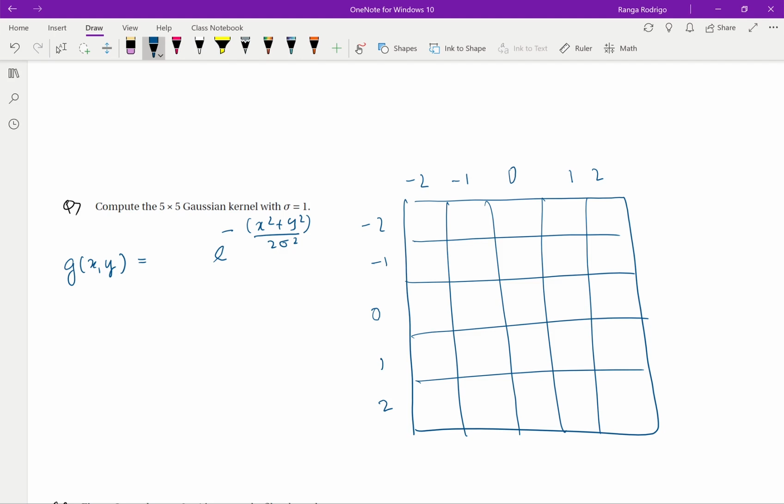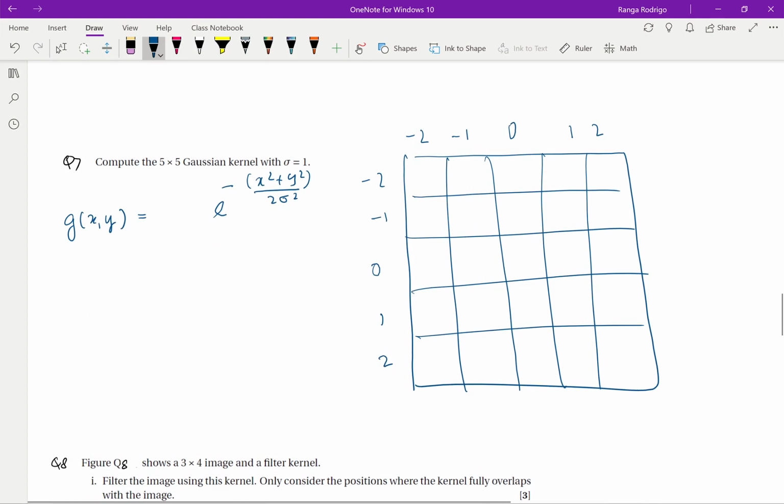So that part I may not do. So first at 0, 0, G(0,0) is e to the power of minus 0, so sigma is equal to 1. So e to the power of 0 is 1. Then let's consider this location, for example, 0, 1.